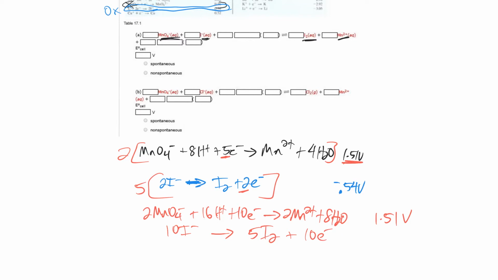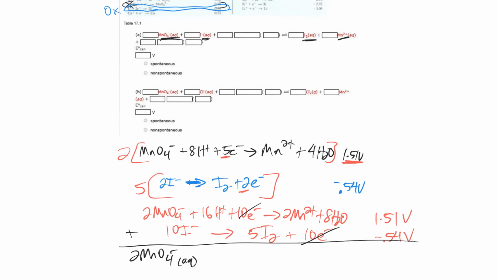And multiply by 5 all the coefficients in the oxidation reaction. Again, keep the voltage the same. Let's add those 2 half reactions together, making sure that the electrons cross out. What do we have at the end? And let's include states of matter, because WebAssign's going to ask us to list those. If it's an ion, it's always going to be aqueous. So we've got permanganate, we've got 16 hydrogens, we've got 10 iodides.